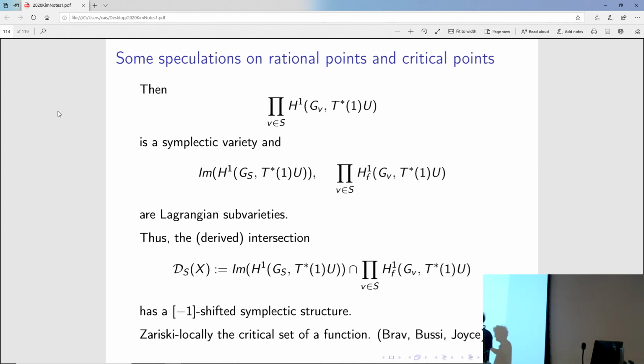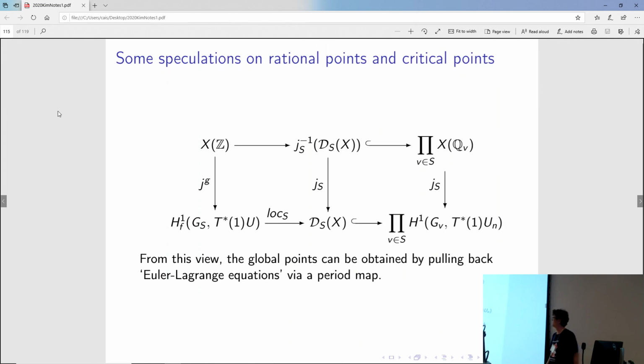But the key point, whatever that is, is that this kind of intersection is essentially the critical set of a function. It's Zariski locally the critical set of a function. Now, I can't really describe that function in this setting, but in principle, there's a function whose critical set describes that intersection. And so, if you're interested in global points, here is this local moduli space that we've kept on using as an ambient space. Inside there, there's a function whose critical set contains the image of the localization map of the global principal bundles. So up to here is a theorem.